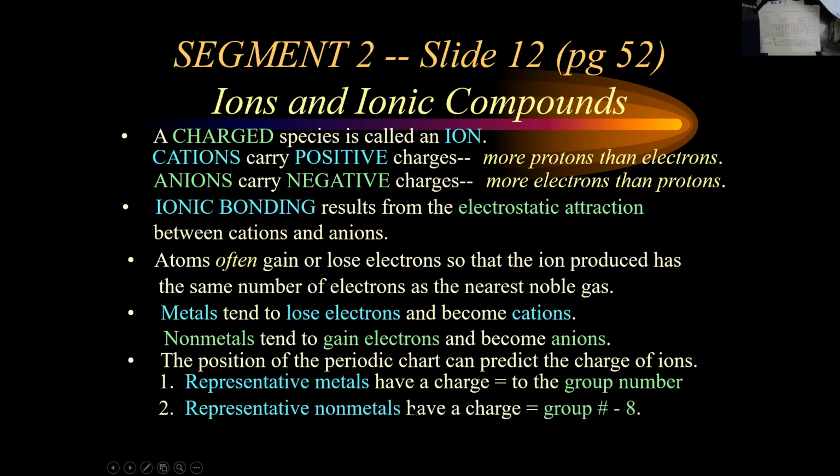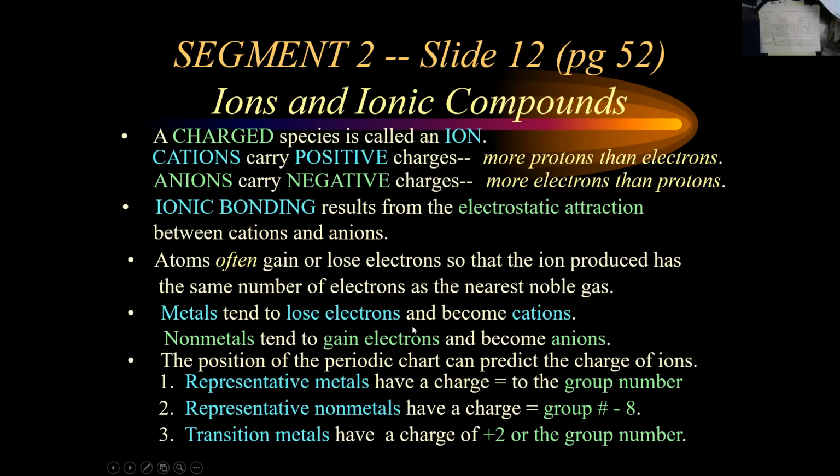So the representative elements are in group columns 1A, 2A, 3A, 4A, 5A, and 6A. That little A by their column heading tells you they are what we call representative elements. We'll talk about why that name a little later.